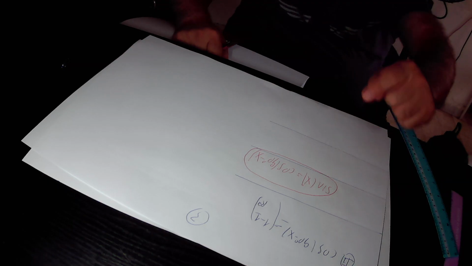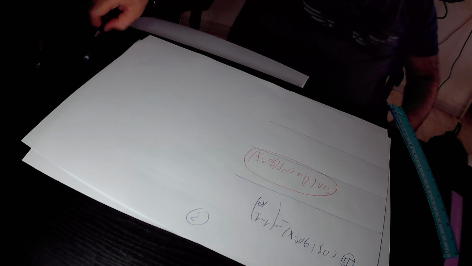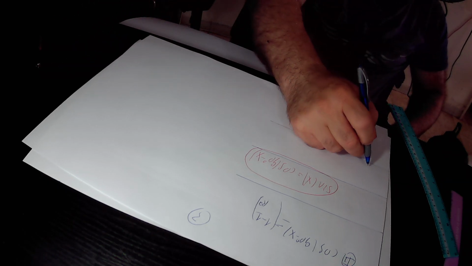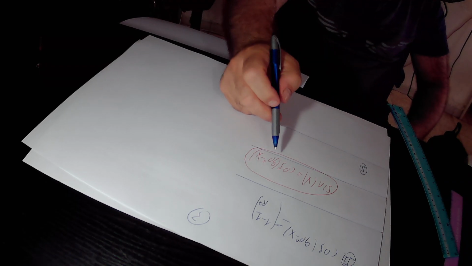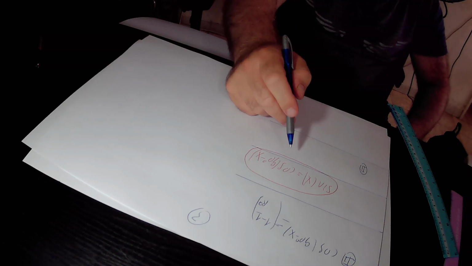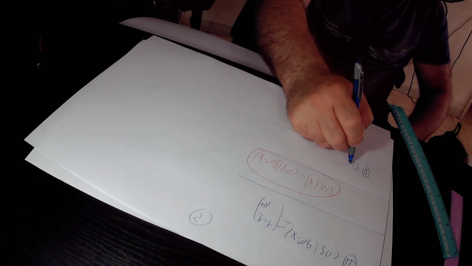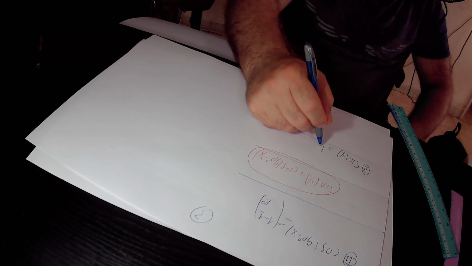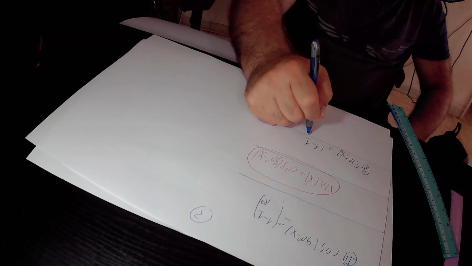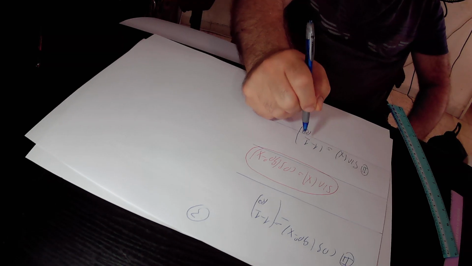We do it now, and we get that according to equation 2, we have cosine of 90 degrees minus x, and cosine of 90 degrees minus x, according to this identity, is sine x. So sine x equals 1 minus 1 over R squared. This is according to equation 2.